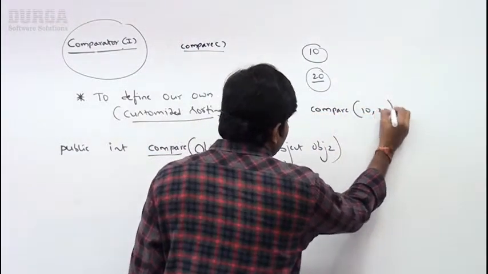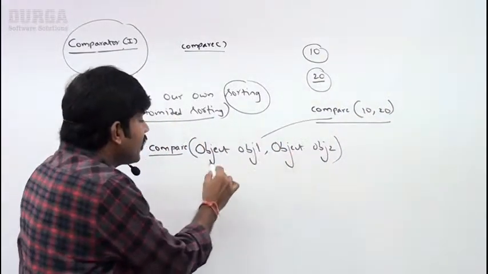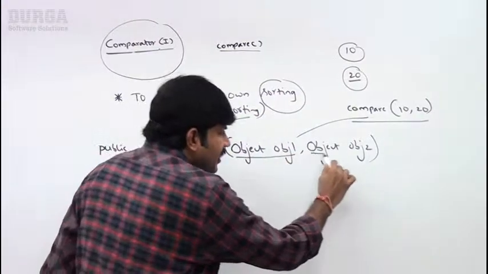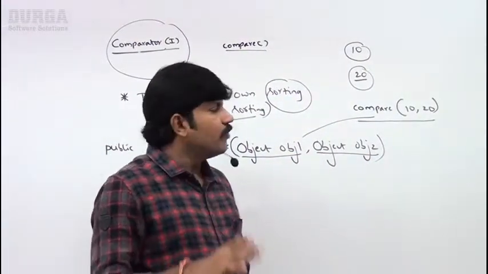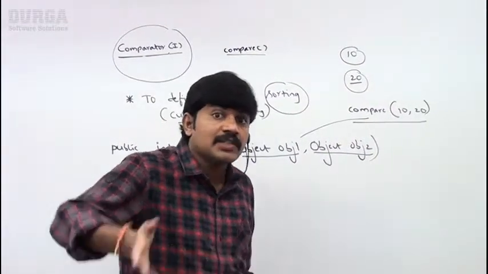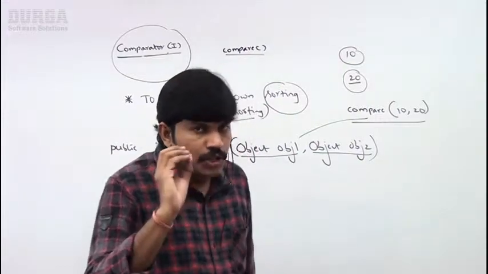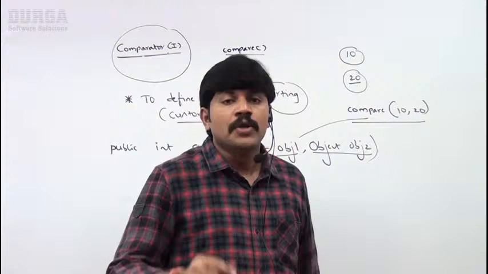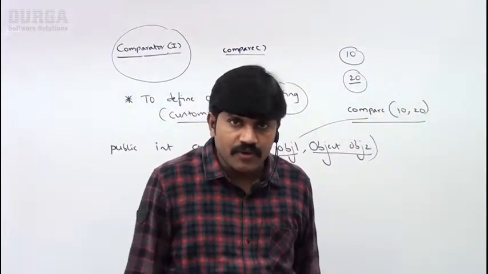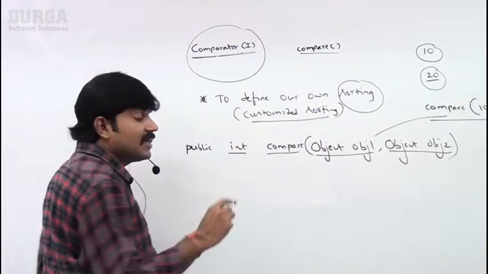Compare of 10 comma 20. Observe that: the first one is OBJ1, the second is OBJ2. If OBJ1 has to come before OBJ2 according to our required sorting, then this compare method is going to return -1.